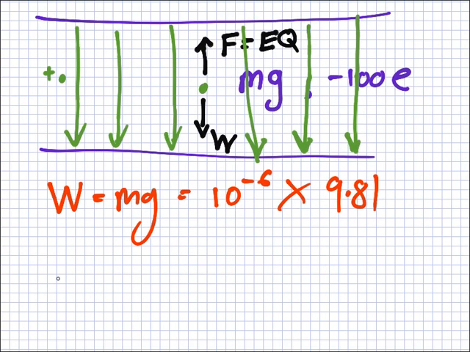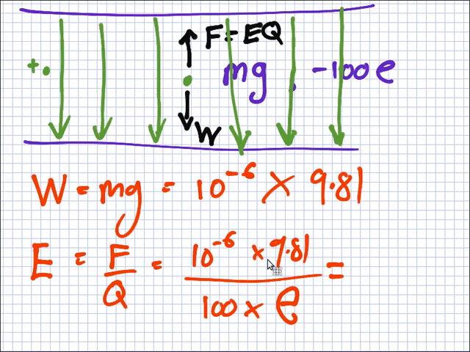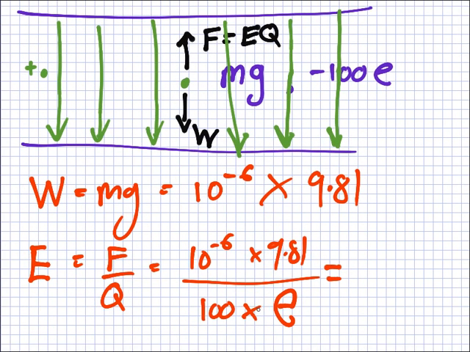Okay, you have enough info now to get me the E, because the E will equal F over Q, which will equal 10 to the minus 6 times 9.81 over 100 times E. Yeah, that's why the hundred's there.